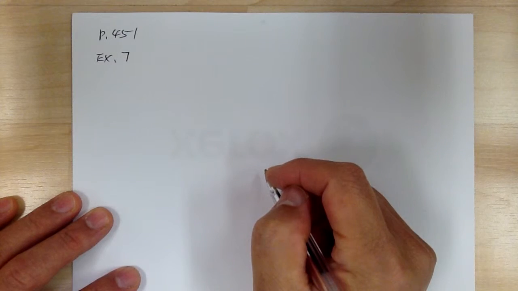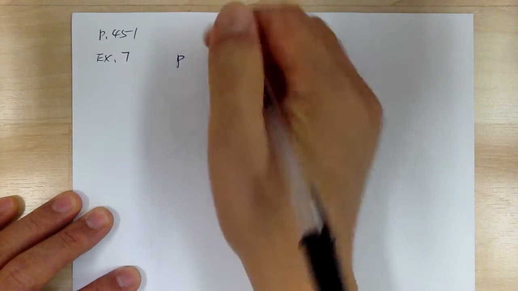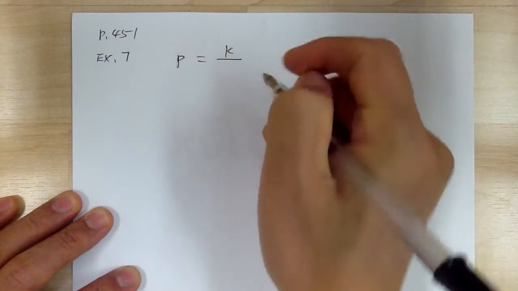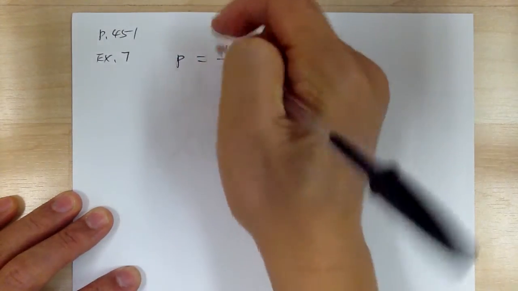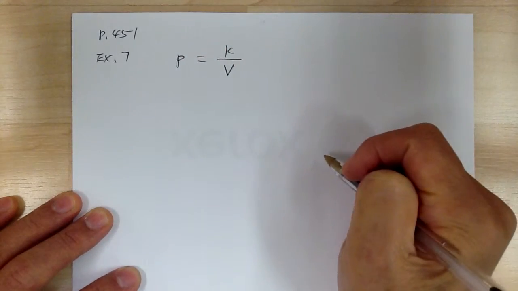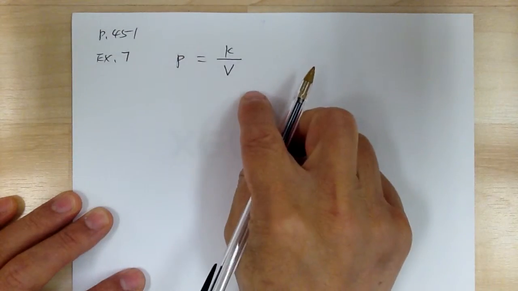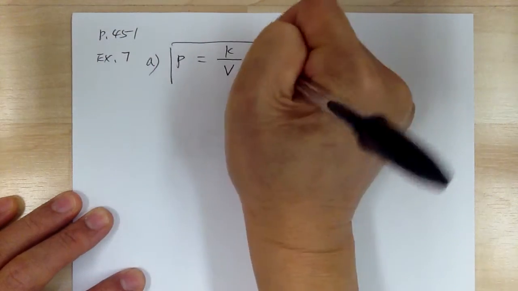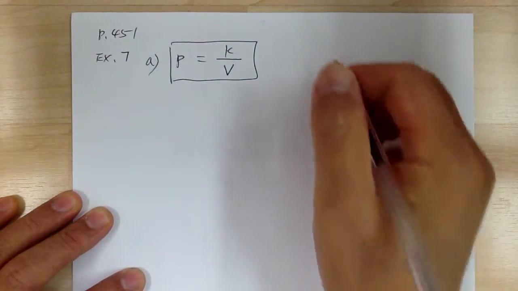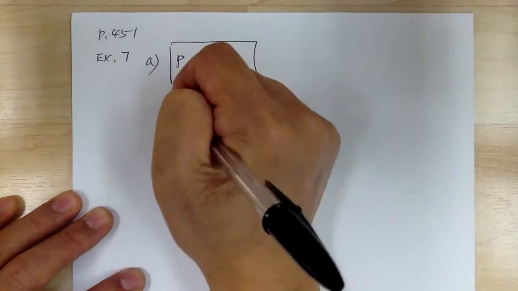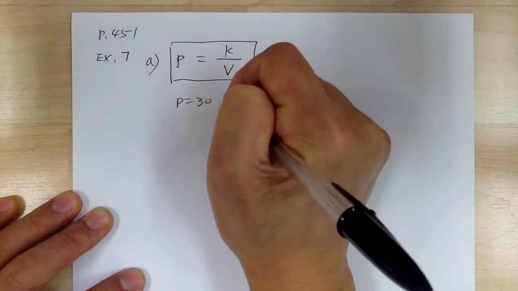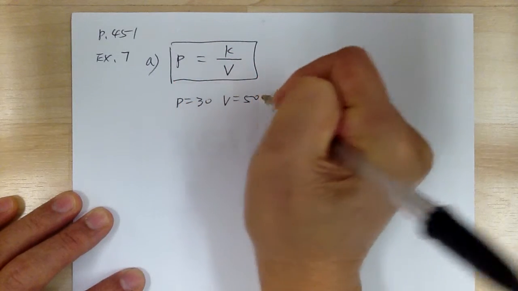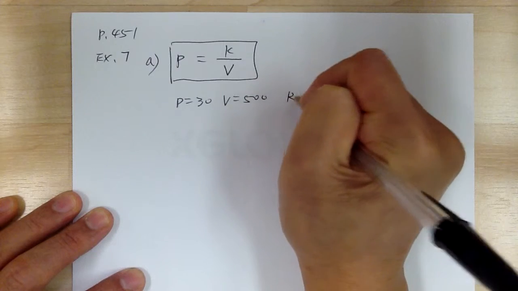It says, under certain conditions, the pressure P of a gas varies inversely, so k over something, inversely as the volume. Okay, so A, write the variation equation, so that's it. So that's your answer for A. Now it says if P equal to 30 and V equal to 500, you're looking for k.